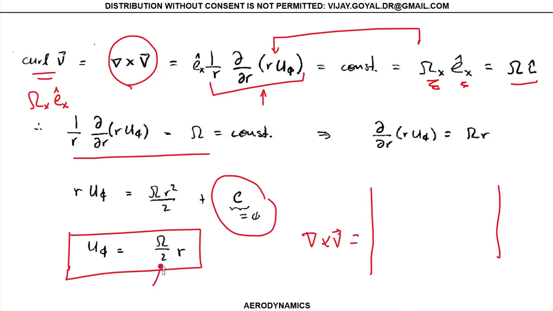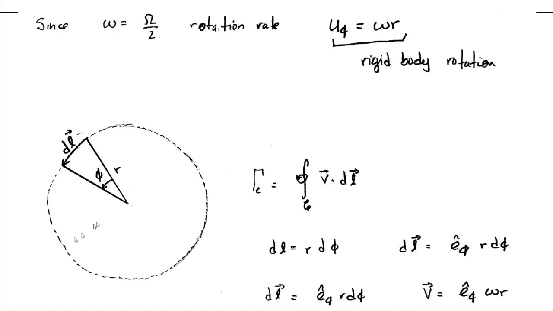Note that omega over 2 is nothing else than your rotation. Okay, this is vorticity, this is rotation. So this is the rotation rate. So your rigid body rotation is given by this. Remember, we're working in cylindrical coordinates, so working in two dimensions, but it's axisymmetric.